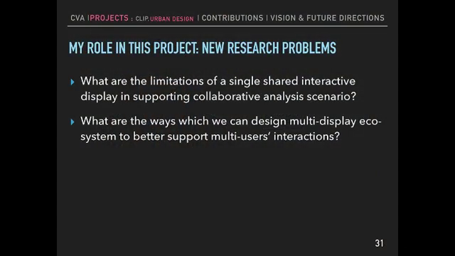So when I arrived, I wanted to answer these questions about the limitations of the single shared display environment to support multi-user interaction, as well as how we can leverage that by bringing a multi-display environment to help people better interact with all the underlying data.